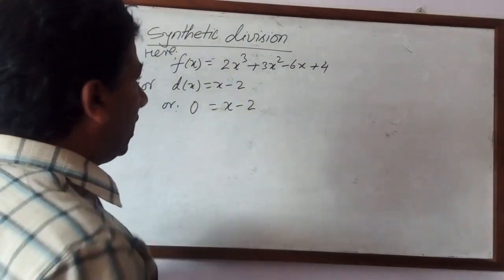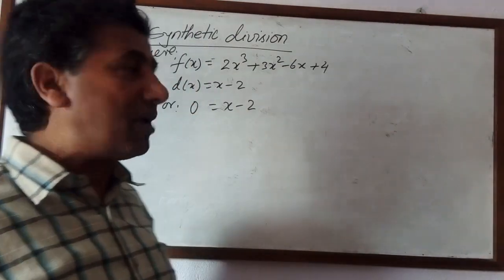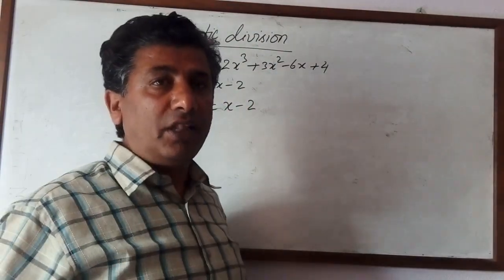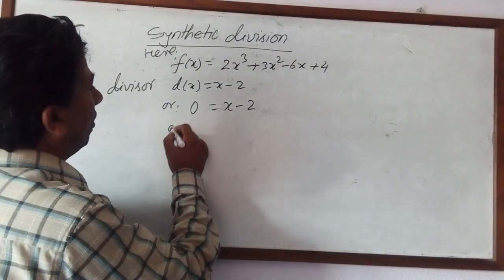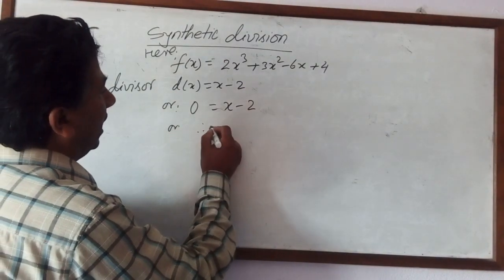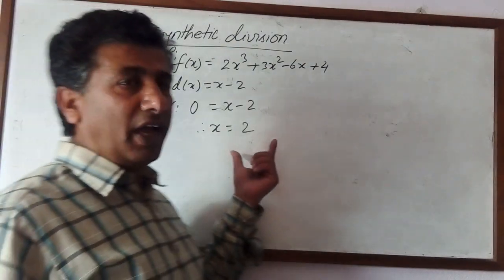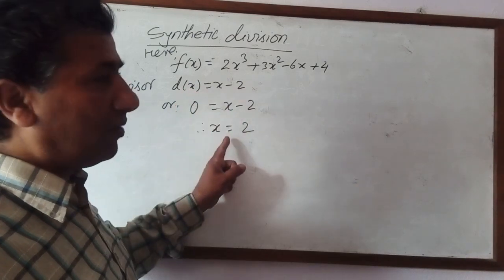I am explaining the process of finding the quotient by synthetic division. The proof of this theory part I will make in another video. Therefore x equals 2. We found x equals 2. We make the divisor 0 and find the value of x.